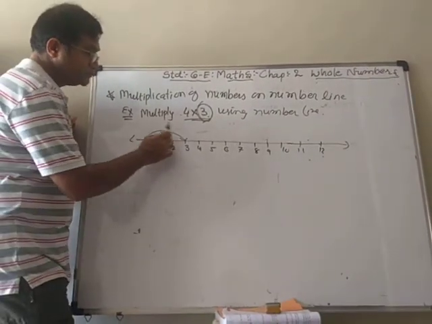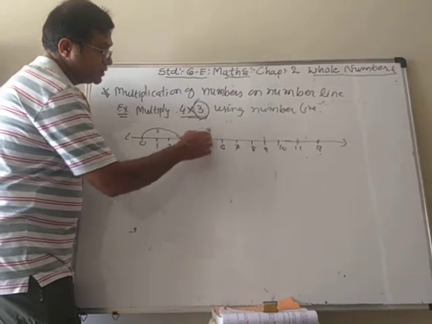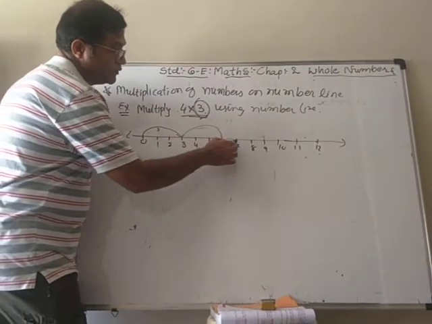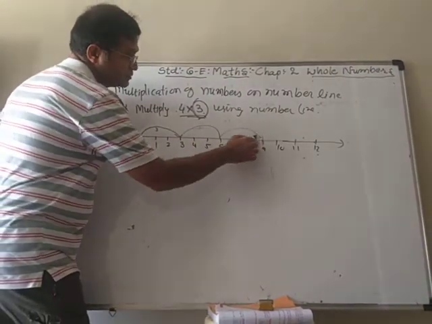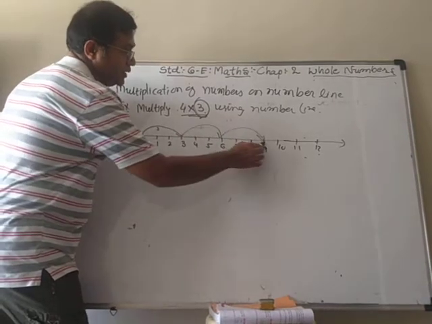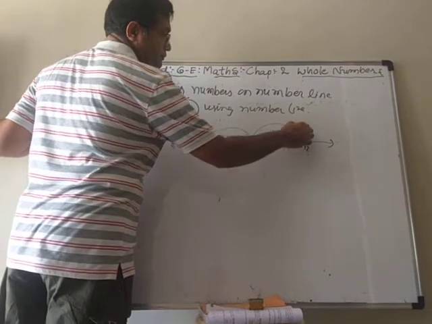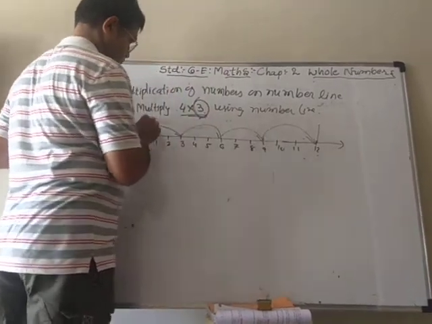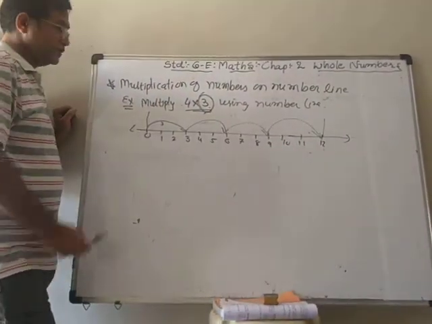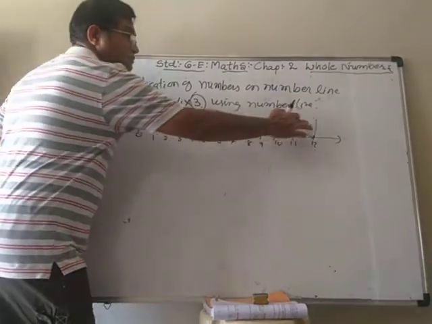So here, 1, 2, 3, then 1, 2, 3, and the third one, 1, 2, 3. You got the 12? Here, you don't need to do that also.